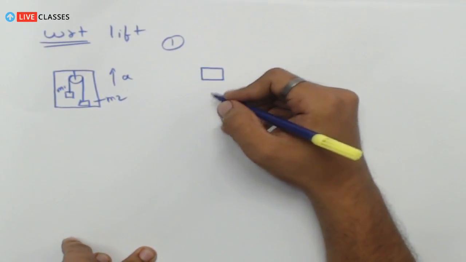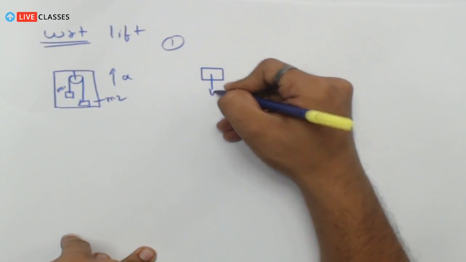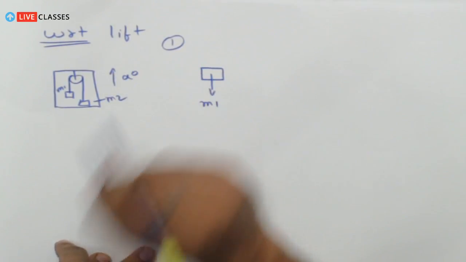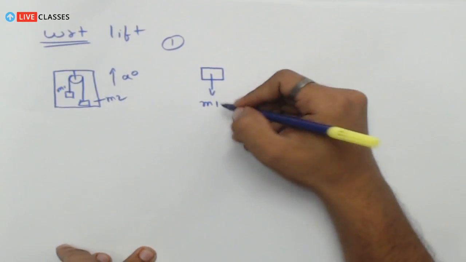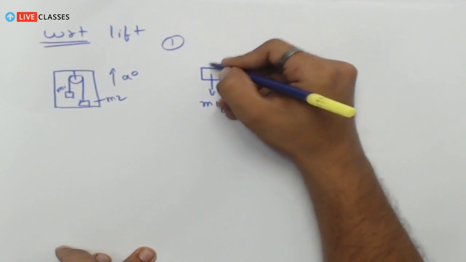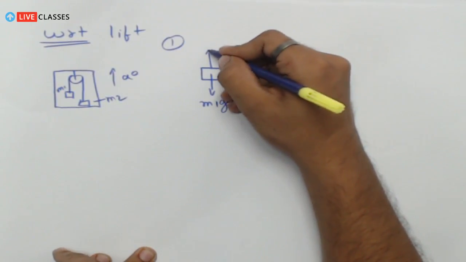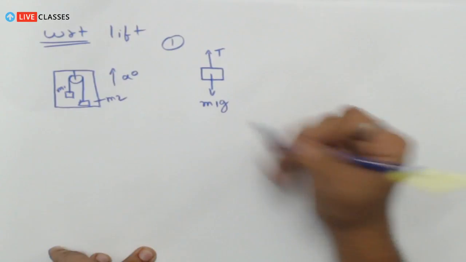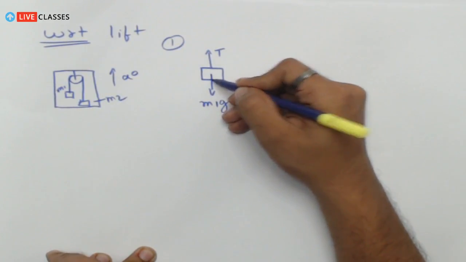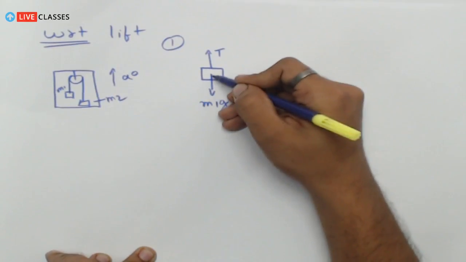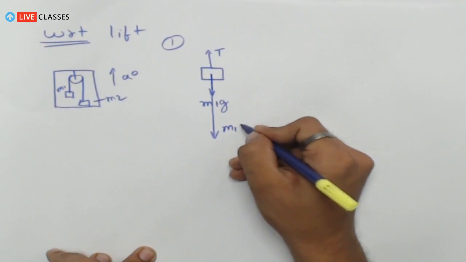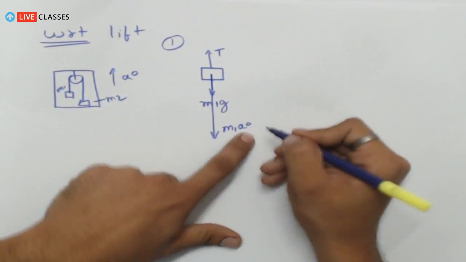What is happening in this? Here it's T, M1G. A pseudo force will be acting on the center of mass, so I should have written M1G here only. I will make it here like this. Okay, M1 A0. This is the pseudo force.